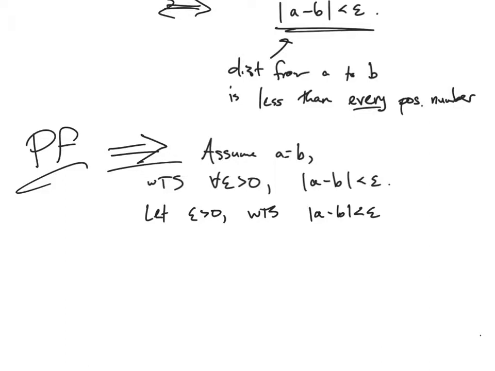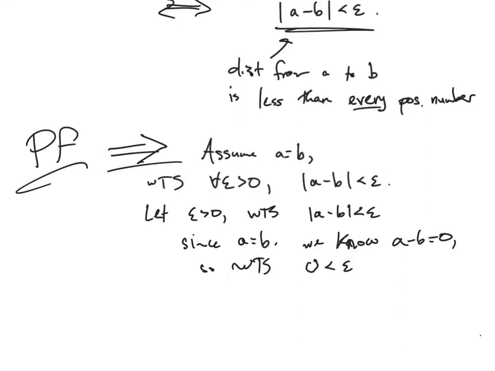So since a equals b, we already know that a minus b equals 0. And so what I want to show, this absolute value of a minus b less than epsilon, just substitute in there, right? So I want to show that, WTS, I want to show that 0 is less than epsilon.